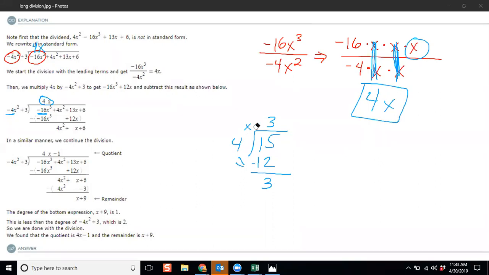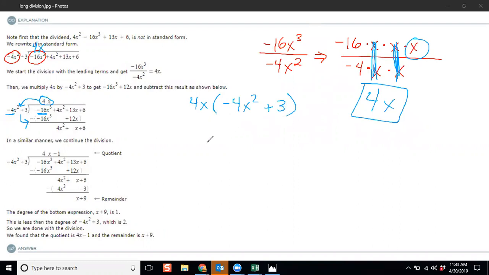So using that same idea, I'm going to take 4x times this to get this. And 4x times negative 4x squared plus 3. When I distribute that, 4x times negative 4x squared is negative 16x cubed.